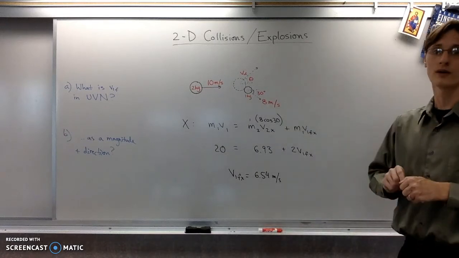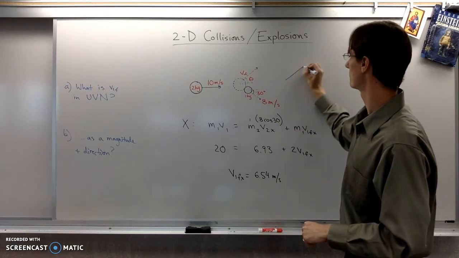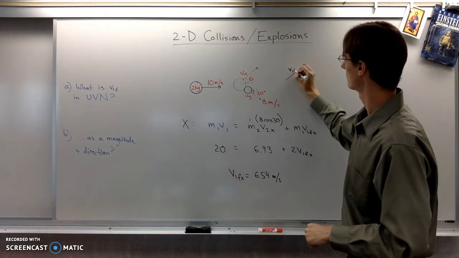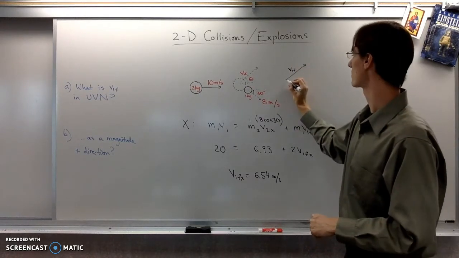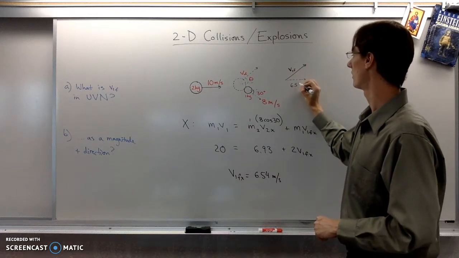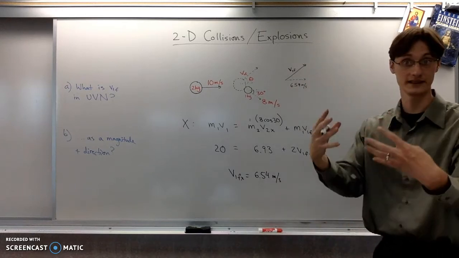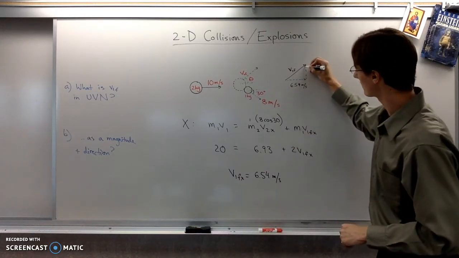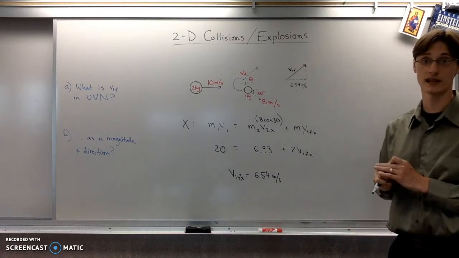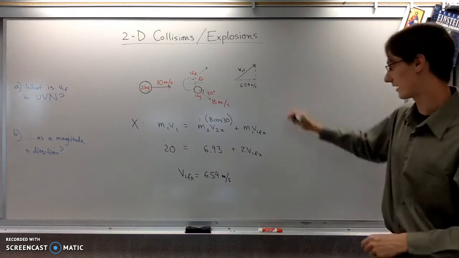All right, now what we just got is this. Here's v1 final, right? 6.54 is just this component of its velocity. To find out what v1 final really is, we need to figure out what this component is, which means that we need to look at the y direction now.